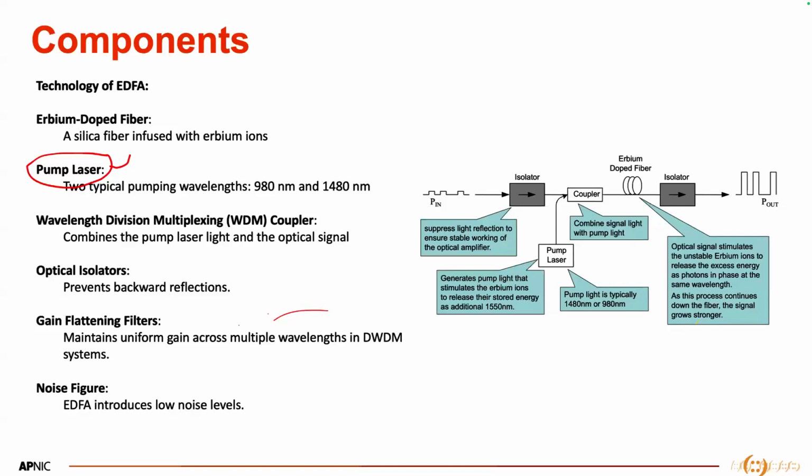So it is using wavelengths from 980 nanometer to 1480 nanometer. These are the wavelengths which have the light photons which can be excited to E3 and maintained in a metastable state at E2.